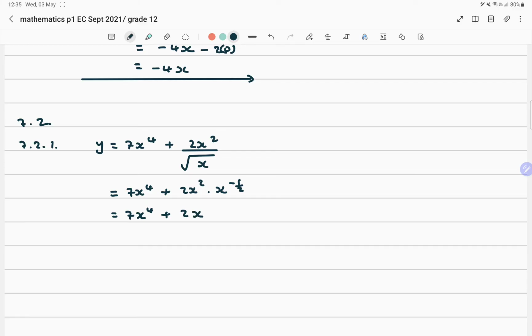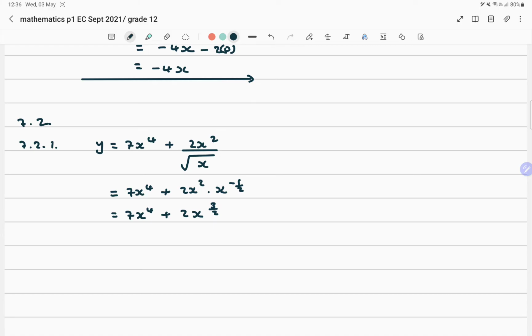Now remember, same base x, so we can deal with the exponents when we're doing a product. So 2 minus a half is 1.5, right? So this is 2x to the exponent 3 over 2.